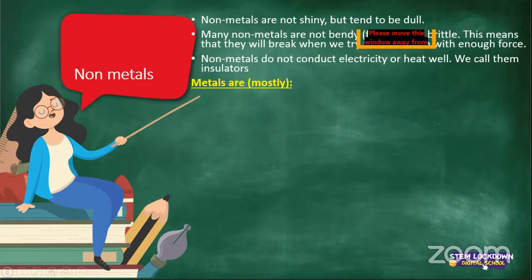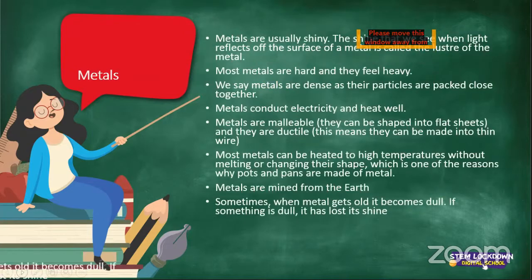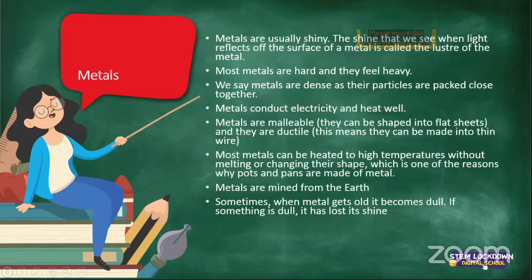I'm going to show it to you. Screenshot this and learn it very well because these are the characteristics of a metal. When he's going to play, you'll need all this information.